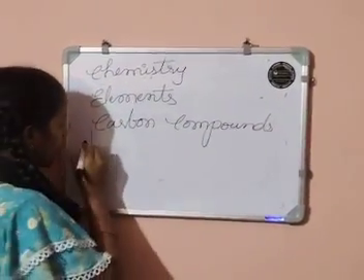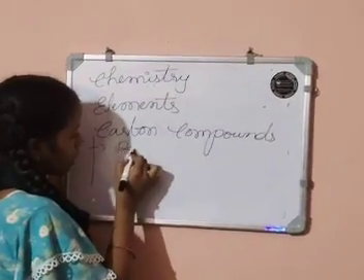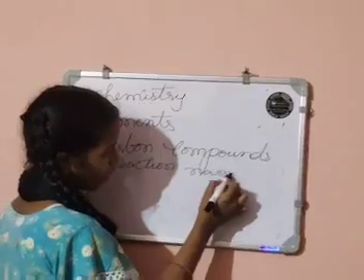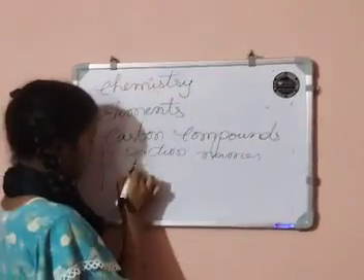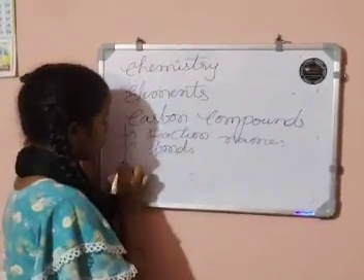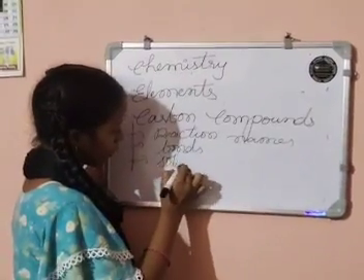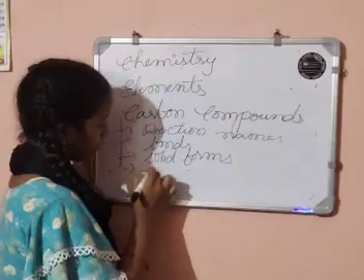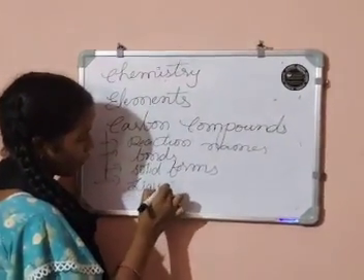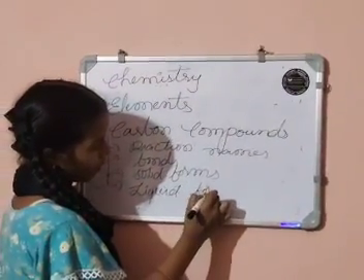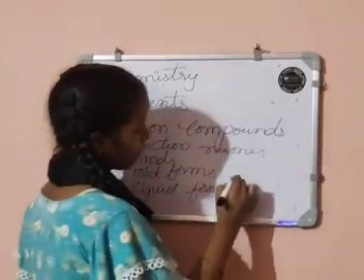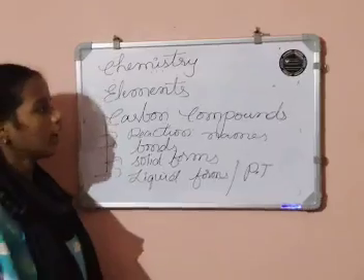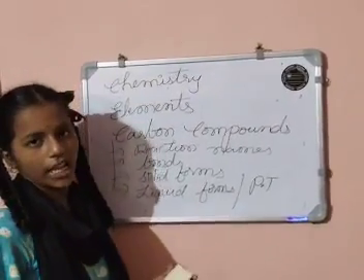In this carbon we have chain names and bonds, solid forms, then liquid forms, and again the periodic table. This is our overview today.